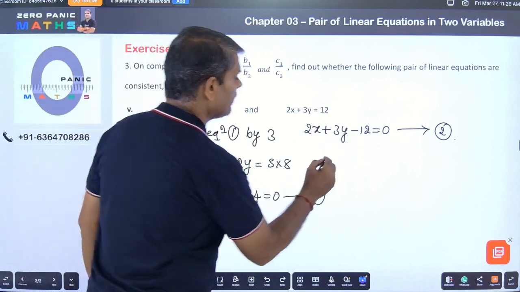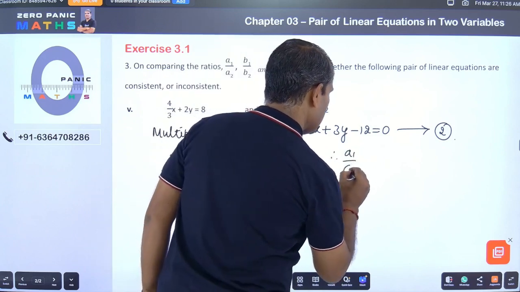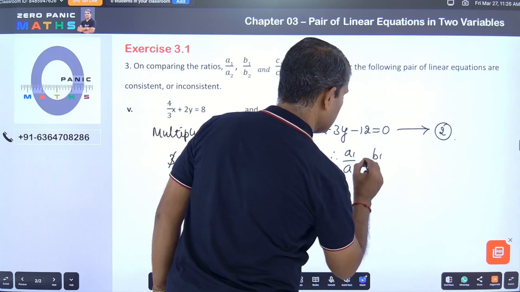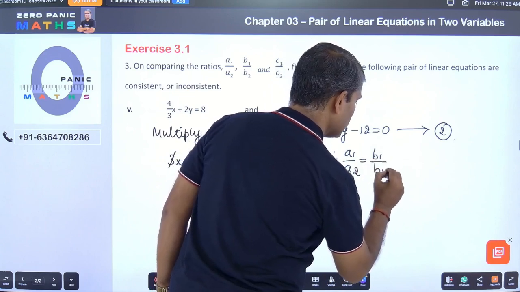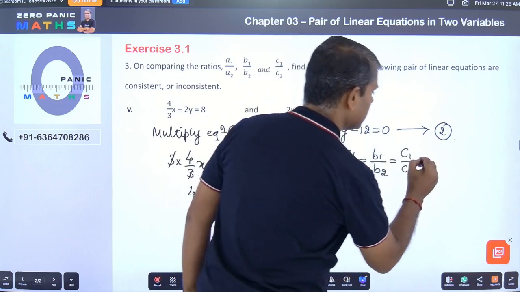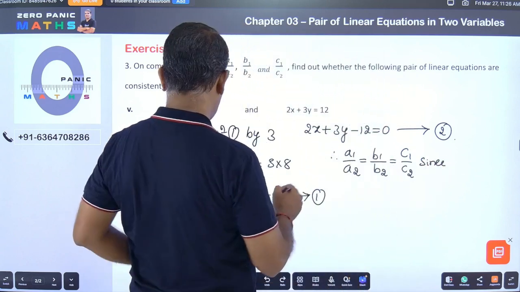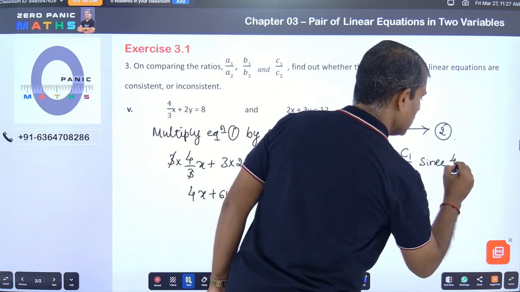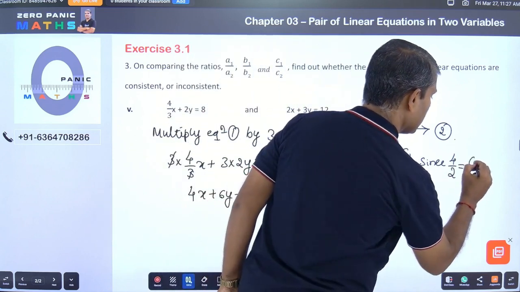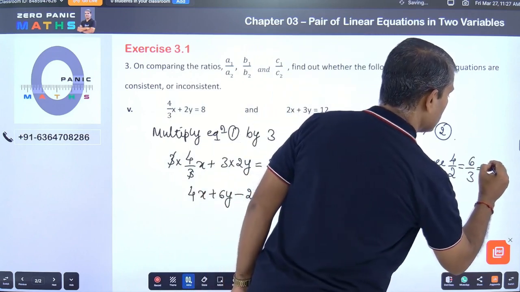So therefore, a1 by a2 is equal to b1 by b2 is equal to c1 by c2, since 4 by 2 is equal to 6 by 3 is equal to minus 24 by minus 12.